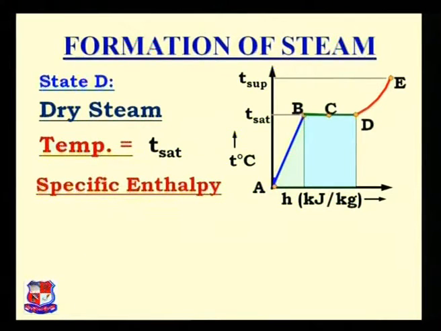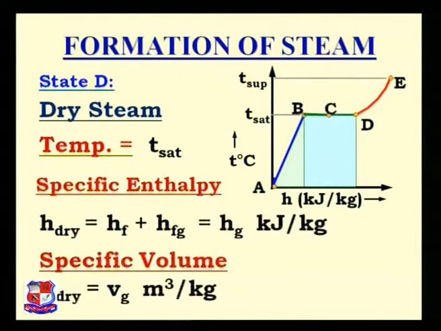Properties at state D. The condition of steam at state D is known as the dry steam, or it is known as the dry saturated steam. Temperature at point D is T set. Specific enthalpy at state D is H dry, specific enthalpy of dry and saturated steam, that is equals to HF plus HFG, or that is equals to Hg kilojoule per kg, and specific volume of dry steam, that is V dry, that is equals to Vg meter cube per kg.